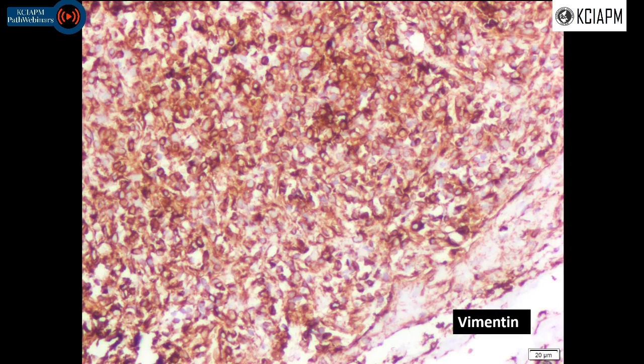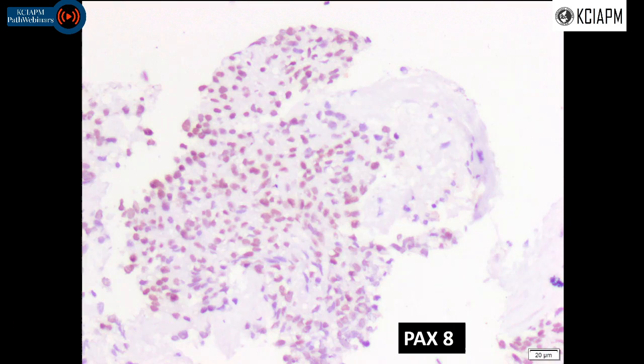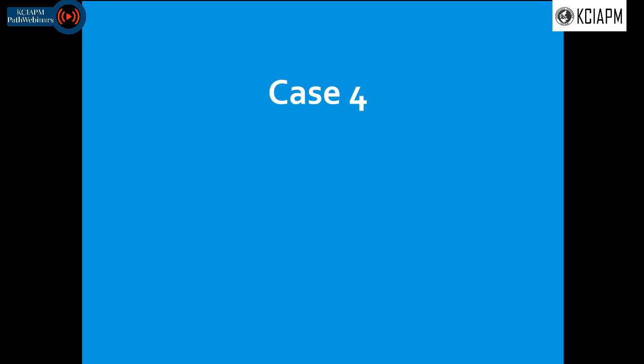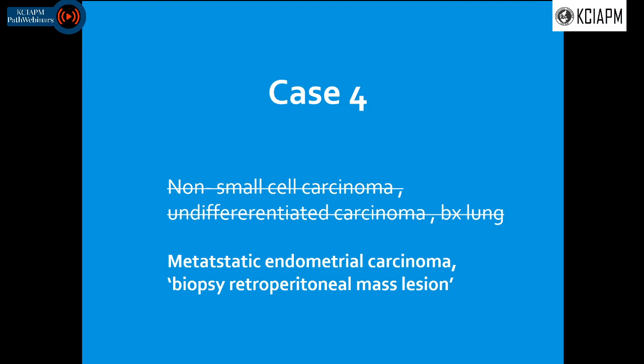And here we have Vimentin positive and PAX8 positive. So the so-called tumor core biopsy that was assumed to be from the lung was not from the lung but from the retroperitoneum, proving that this was a metastatic endometrial carcinoma in a biopsy of a retroperitoneal mass lesion.